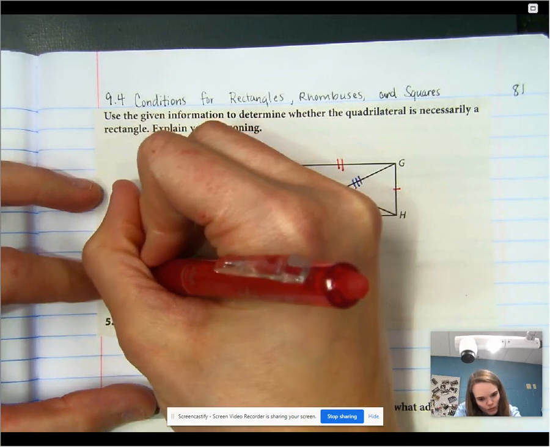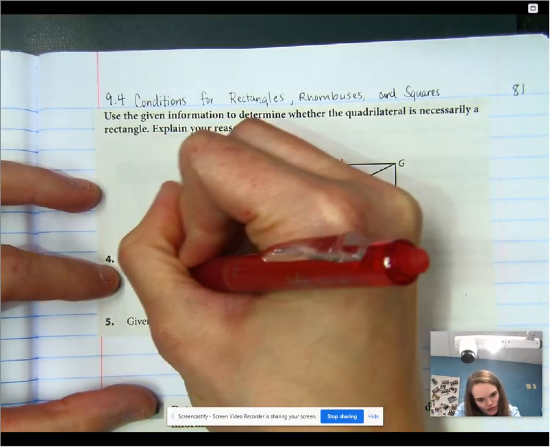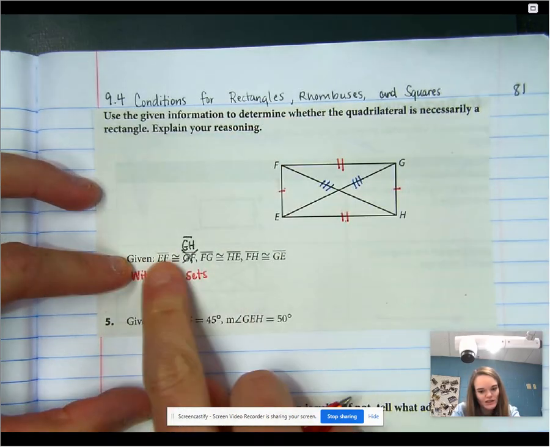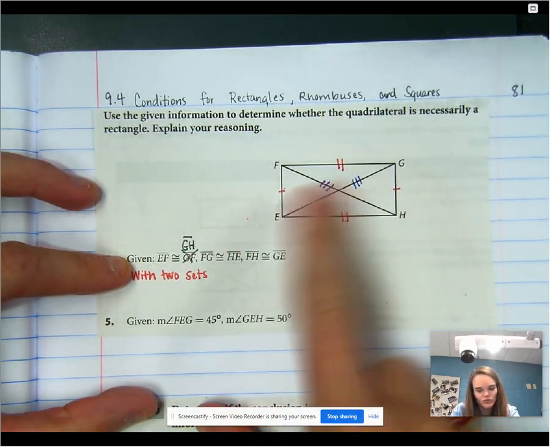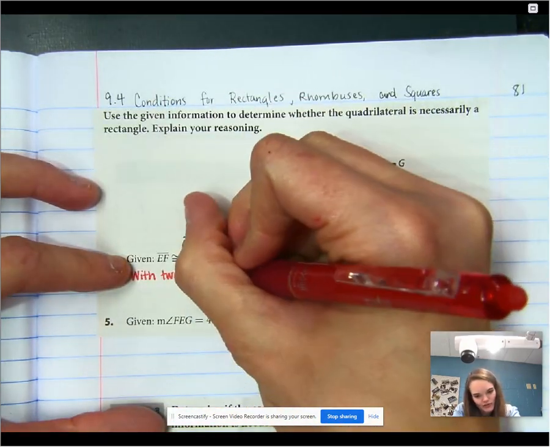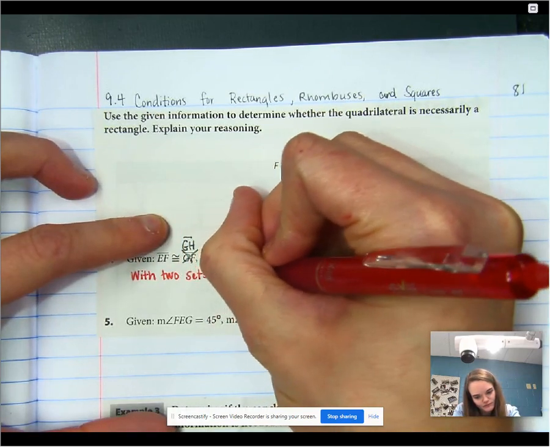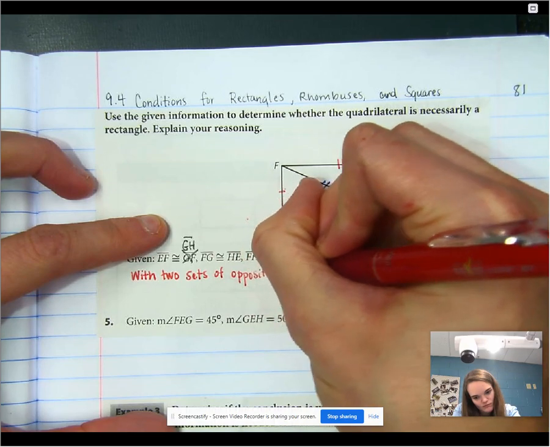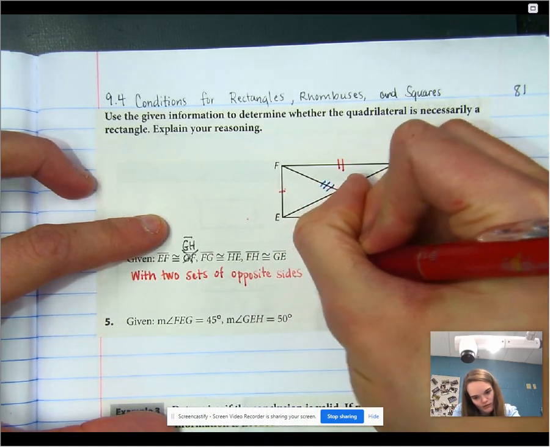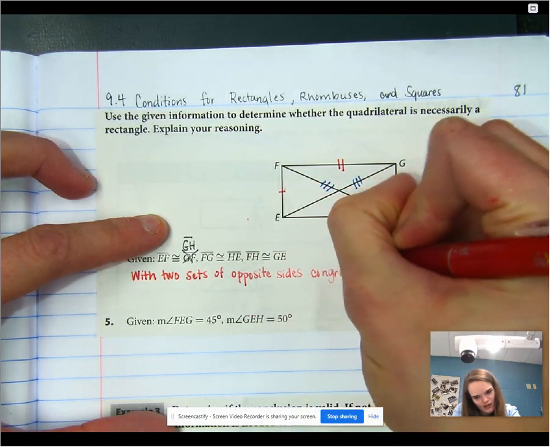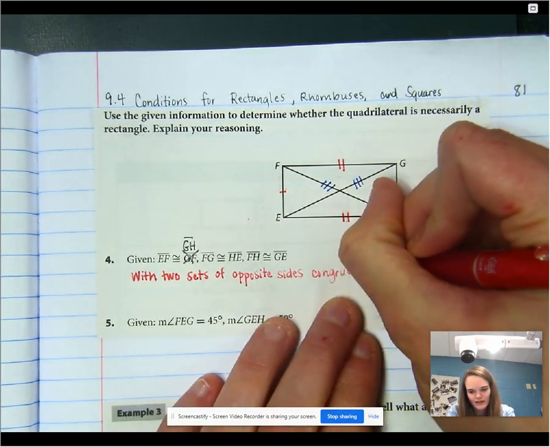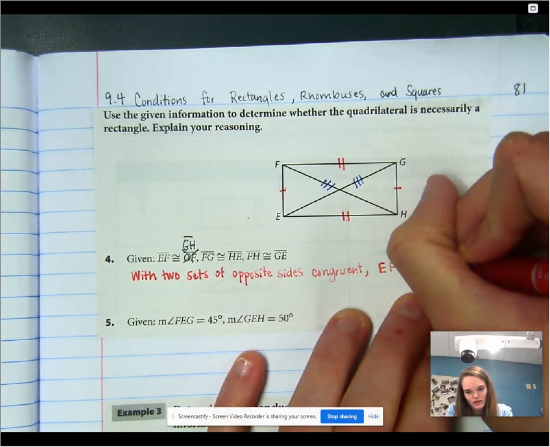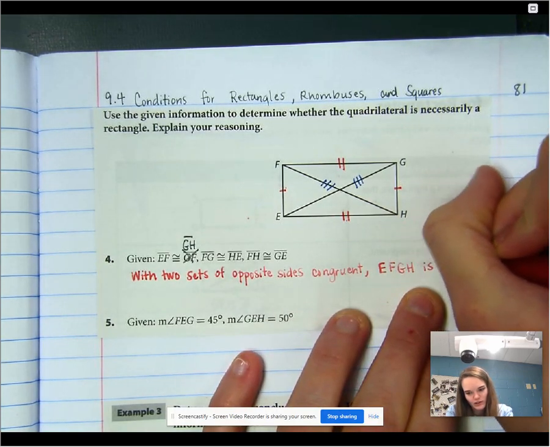Well, with two sets of opposite sides, EFGH, these two and these two, congruent, I know that EFGH is a parallelogram.